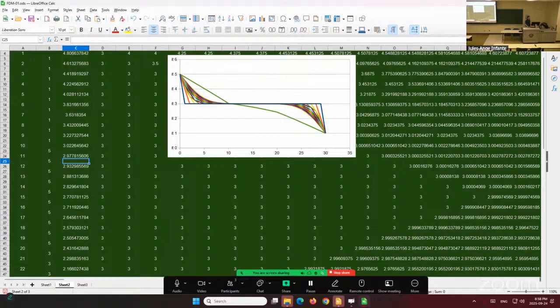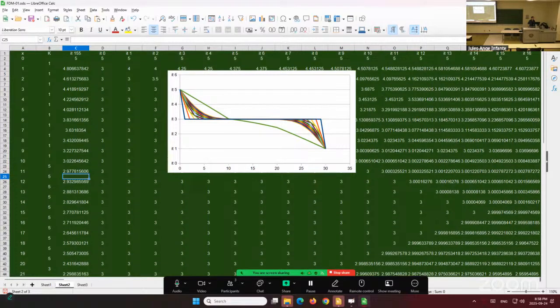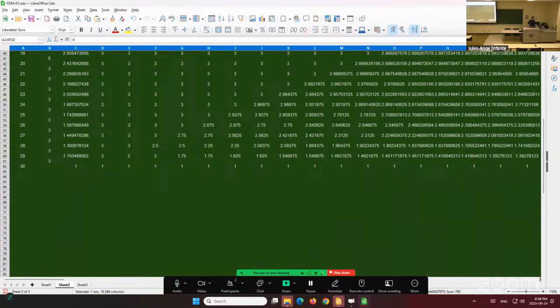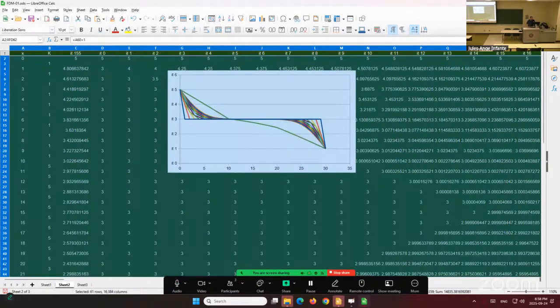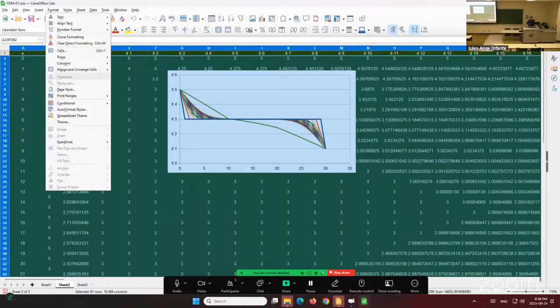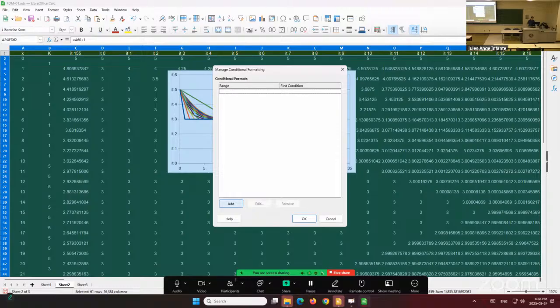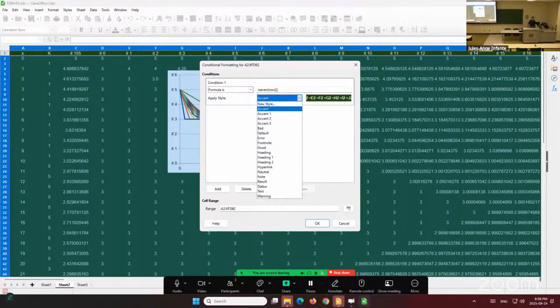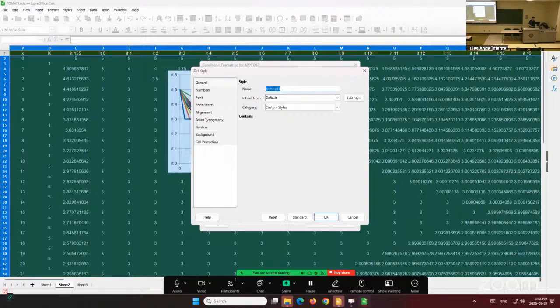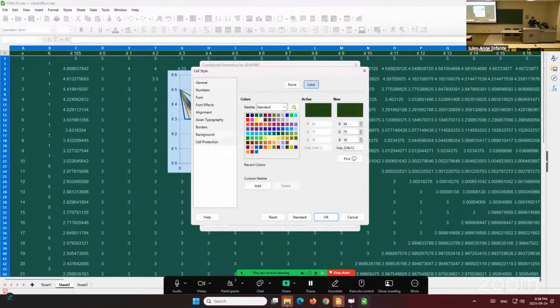Actually, another thing I like to do, I did not do it this time, but one thing I commonly like to do is have conditional formatting. Formula is then row, then I create style. Let's say background.